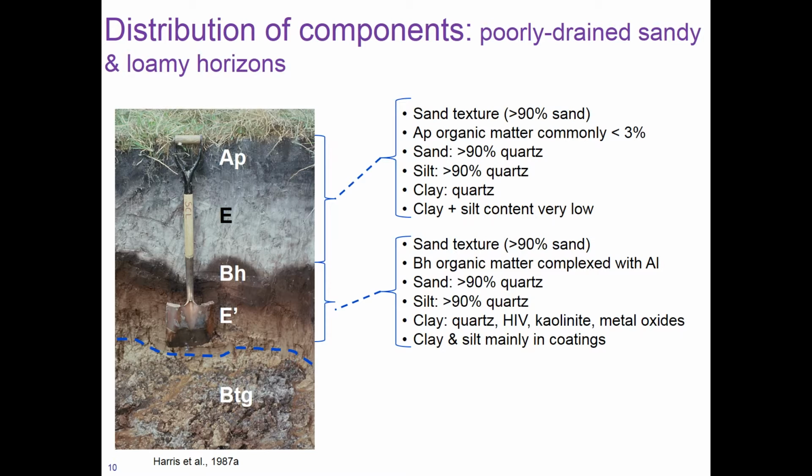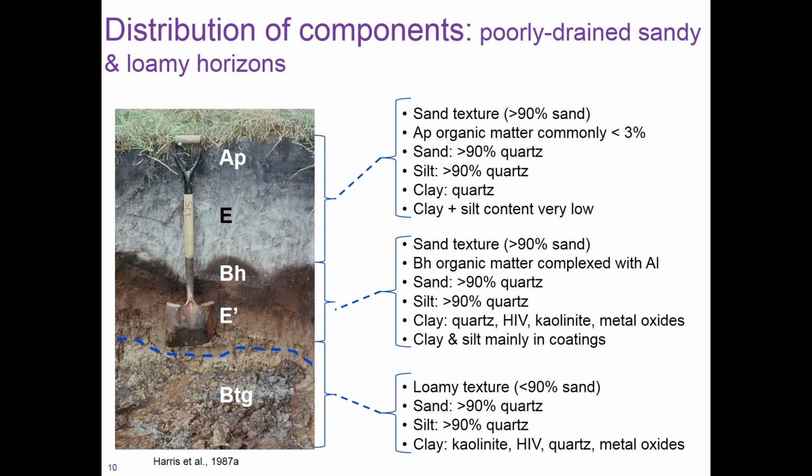Again, the sand is more than 90% quartz, the silt more than 90% quartz. The clay also can be dominated by quartz, but it does have appreciable phyllosilicate content, hydroxy-interlayered vermiculite and kaolinite, for example, along with aluminum and iron oxides. And there is some clay and silt, and that material occurs mainly in coatings within this zone.